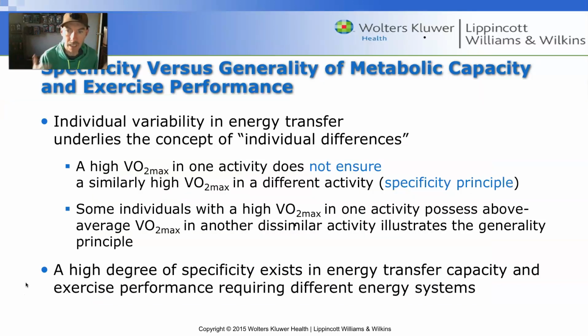So the first thing I want to talk about is the principle of specificity. Now this goes back to exercise in general. If you want to improve a certain characteristic of your fitness, you have to train in a way that stresses the appropriate systems, right? So if you want to improve your VO2 max, you have to train using aerobic exercise.